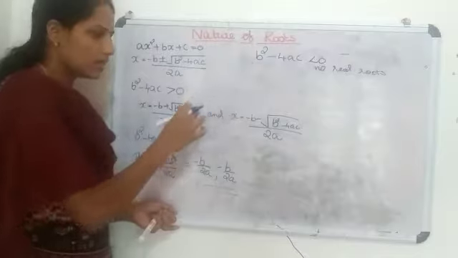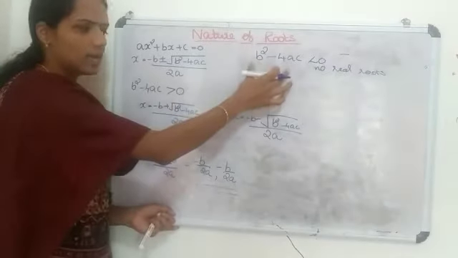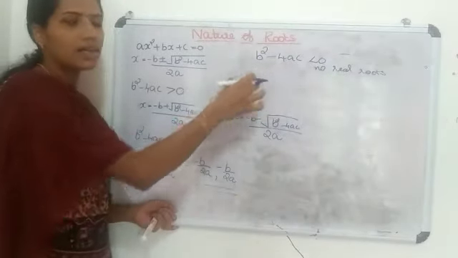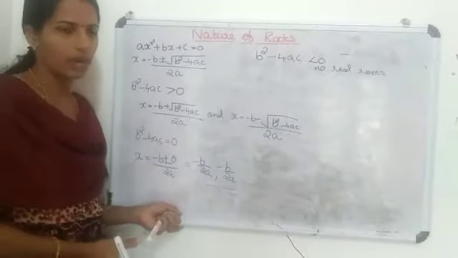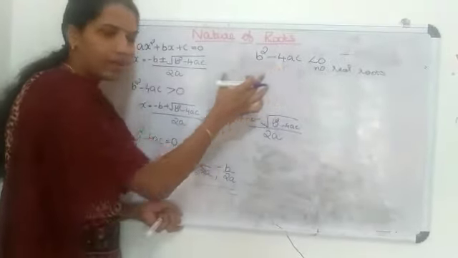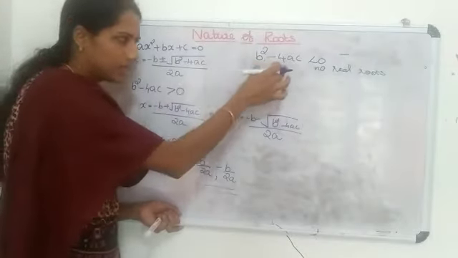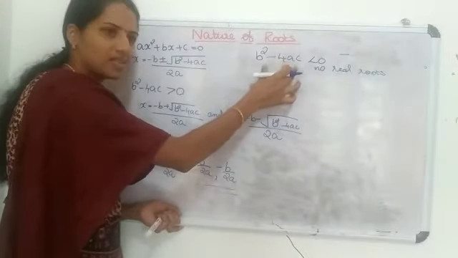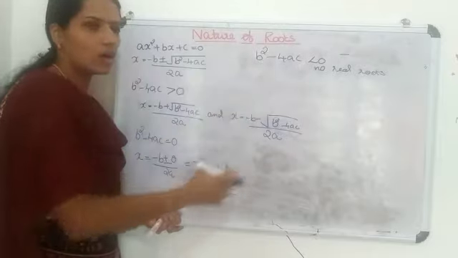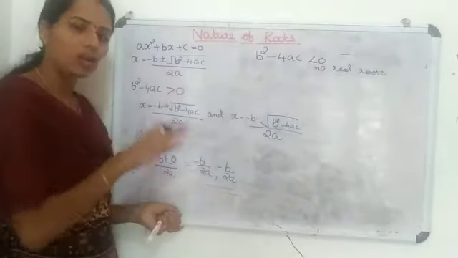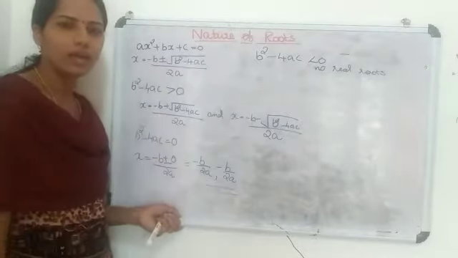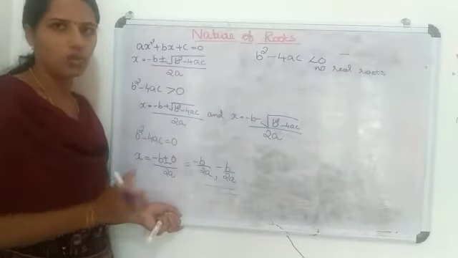From this b square minus 4ac condition, we can determine whether the equation has a real root or not. So it is easy. When we get an equation, just check b square minus 4ac. If it is greater than 0, less than 0 or equal to 0, we can determine the nature of the roots.